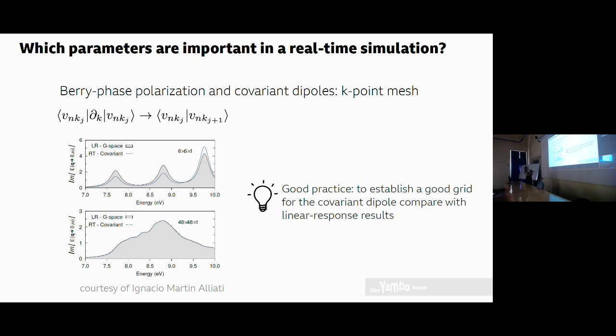And then you see a big difference. These differences are really due to the covariant dipole not being well converged with respect to the k-point mesh. Here you see a larger 48 by 48 by 1 mesh, and then you see a perfect agreement between the two approaches, as it should be.